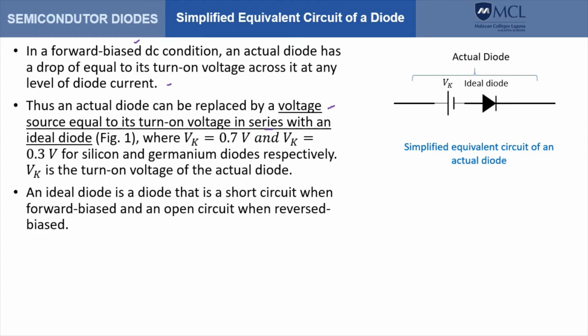So the actual diode can be replaced by these two elements: a voltage source having a voltage equal to the turn-on voltage V sub k in series with an ideal diode. For silicon, we have a turn-on voltage of 0.7 volts, and for germanium, 0.3 volts. Now, an ideal diode is simply a diode that is a short circuit when forward biased and an open circuit when reverse biased.